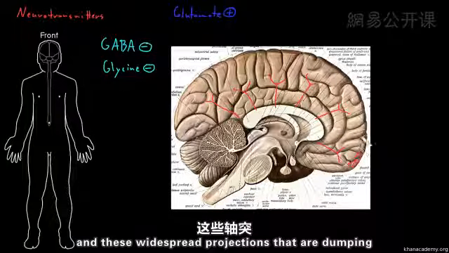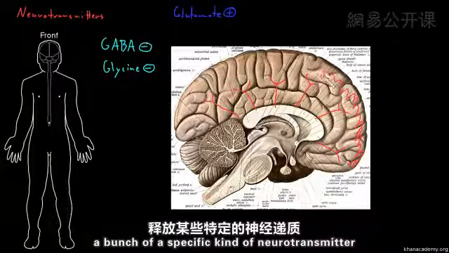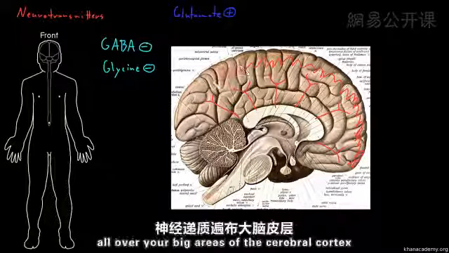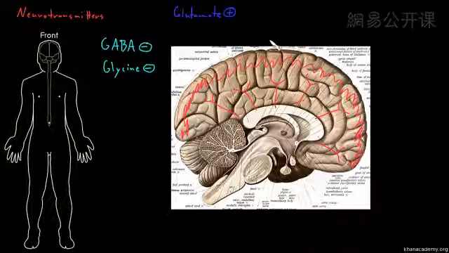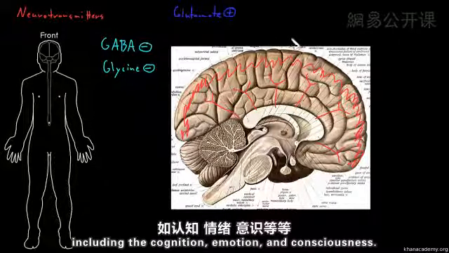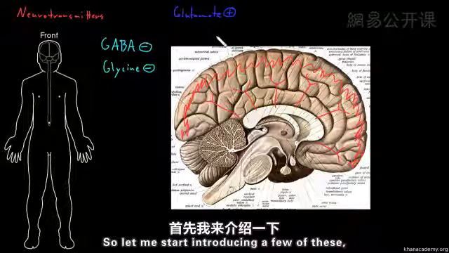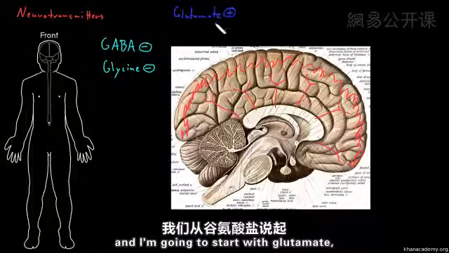And these widespread projections that are dumping a bunch of a specific kind of neurotransmitter all over the big areas of the cerebral cortex are really important for a bunch of the higher functions of the nervous system, including cognition, emotion, and consciousness.